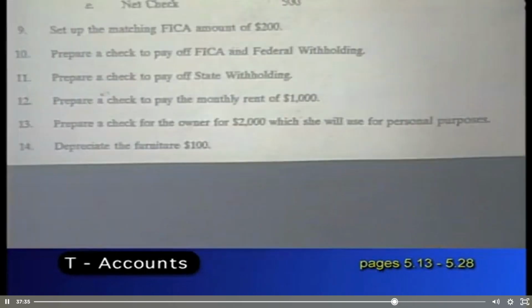Okay? Number 14, we need to depreciate the furniture. This entry always looks the same. Every month we make this depreciation entry, and in essence, we are consuming part of the value of that furniture. We're consuming a portion of that furniture every time we make this entry.